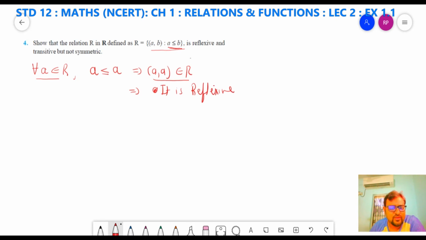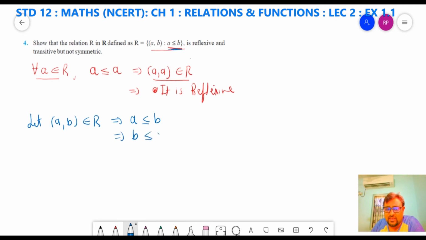Okay. Now next is symmetric. For symmetric, we have to let (a, b) belong to R. Remember, for symmetric we have to assume any ordered pair that belongs to the relation. As it belongs to the relation, it will follow a less than or equal to b. Now, if a is less than or equal to b, this does not imply that b is less than or equal to a.